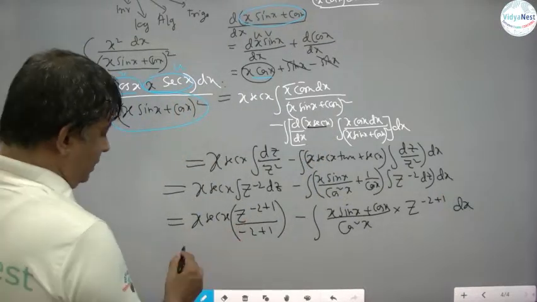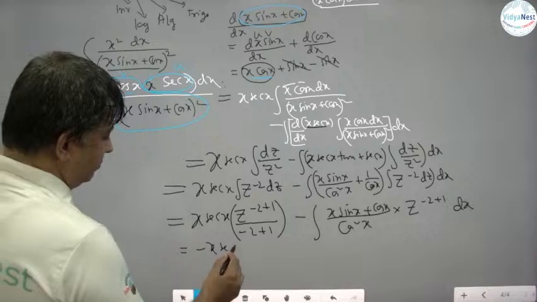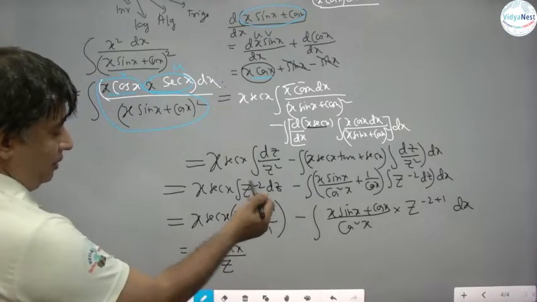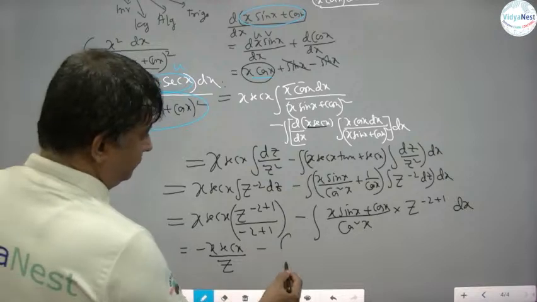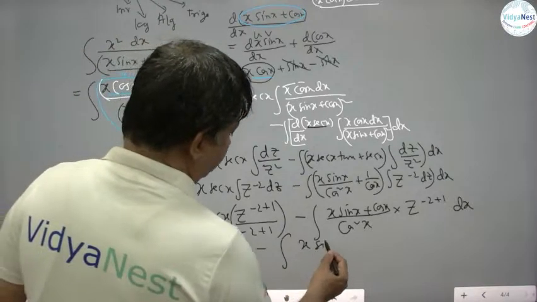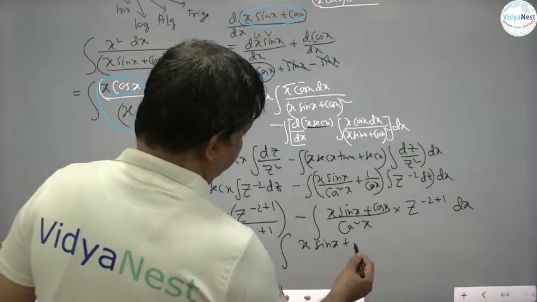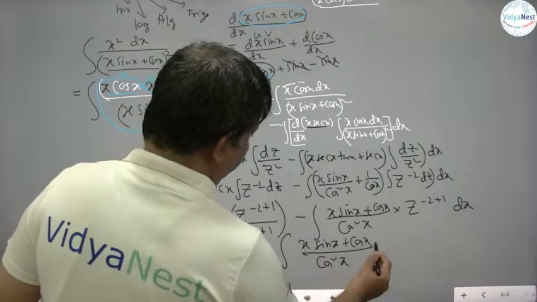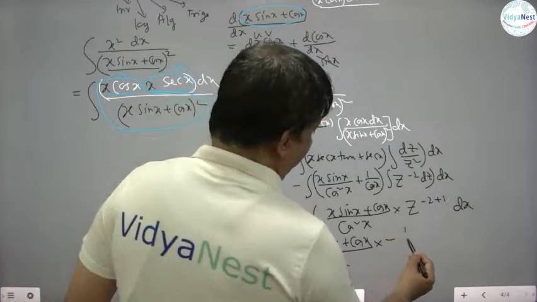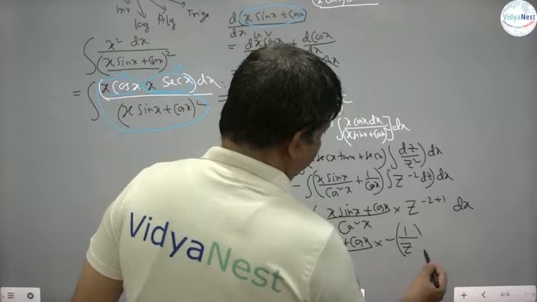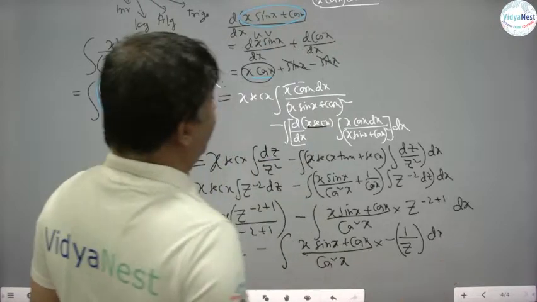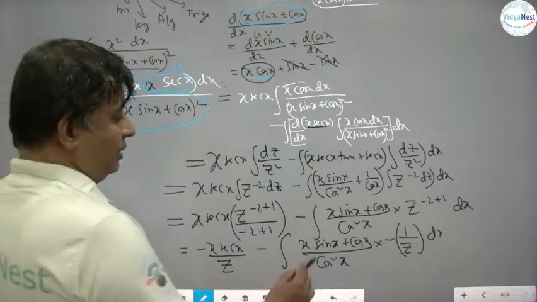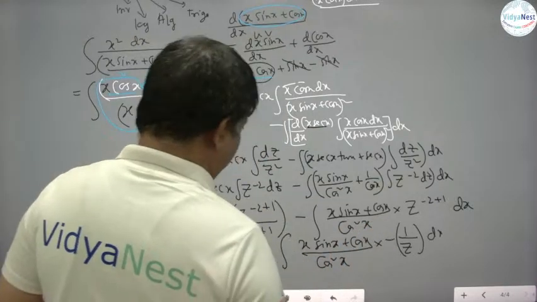This is z to the power minus 1, means 1 by z. Minus 1 by z. Z is what? Few minutes back we have considered z is x sin x plus cos x.